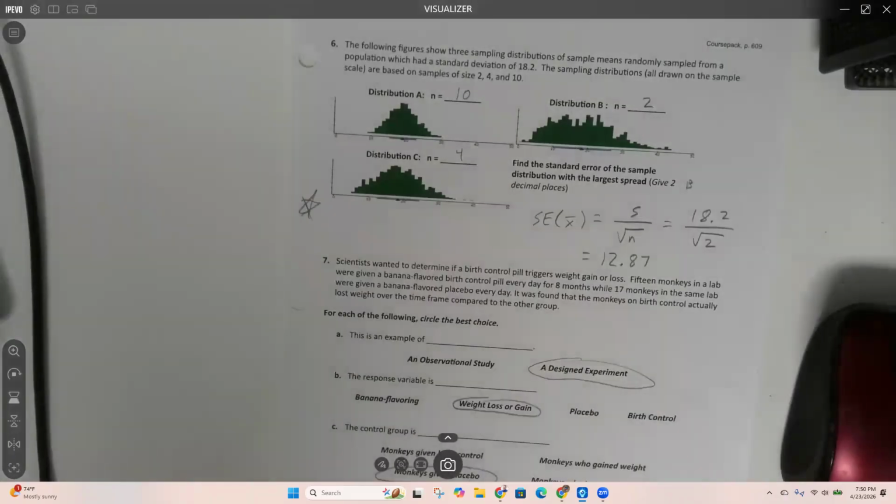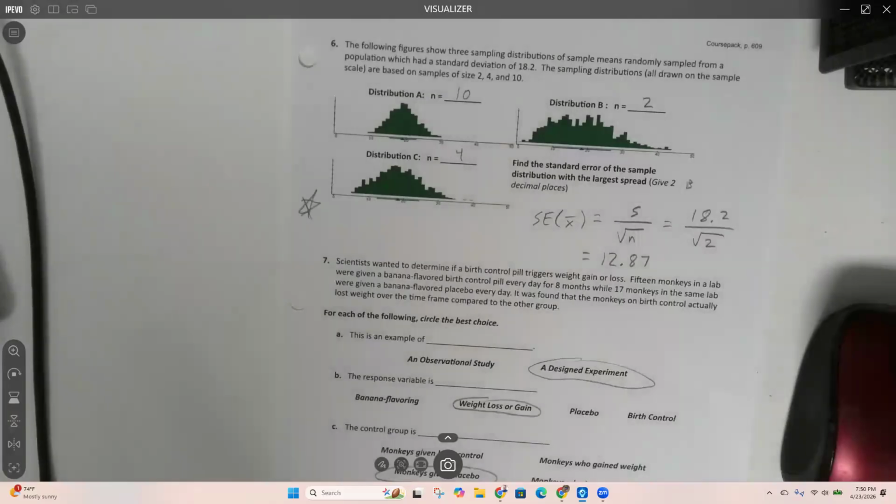Now, why do we need a control group in that case? Can't I just weigh the monkeys before and after I give them the pill and see if they lost weight? Well, the control group lets me know if they lost weight because they're stressed.